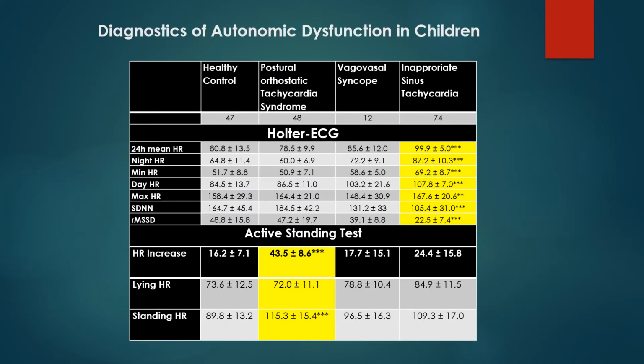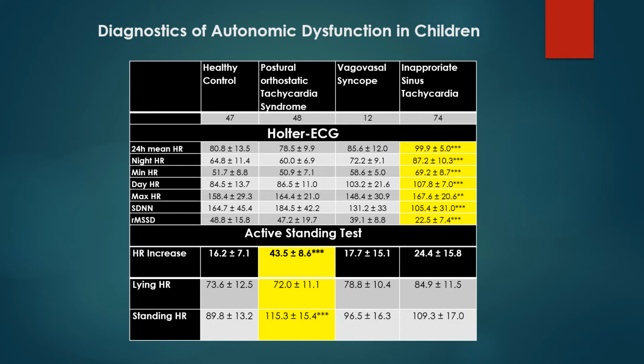This chart shows our own unpublished data from adolescents with autonomic dysfunction. The group of inappropriate sinus tachycardia, published in PLOS ONE, have elevated heart rates and decreased heart rate variability, clearly shown in the heart rate analysis.